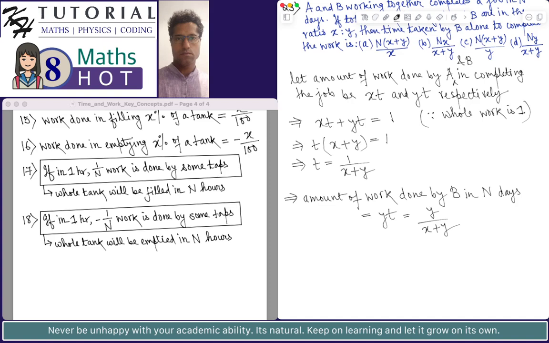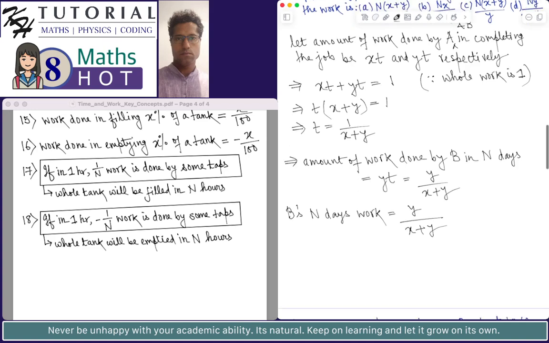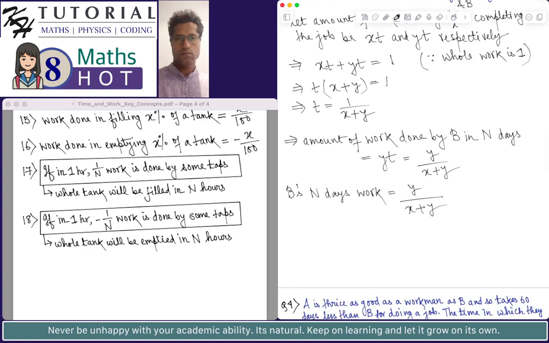So B's n days work is equal to y by (x plus y). So in n days, the amount of work done by B is y by (x plus y).